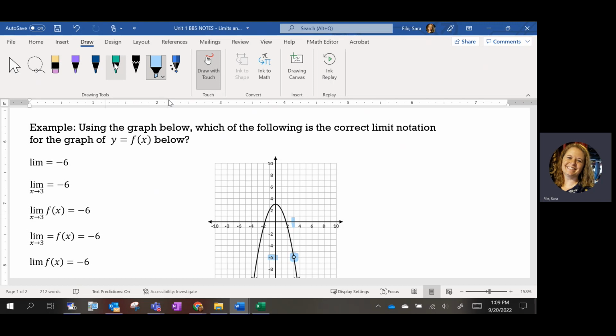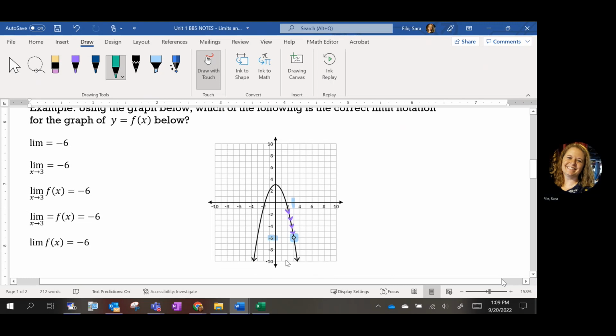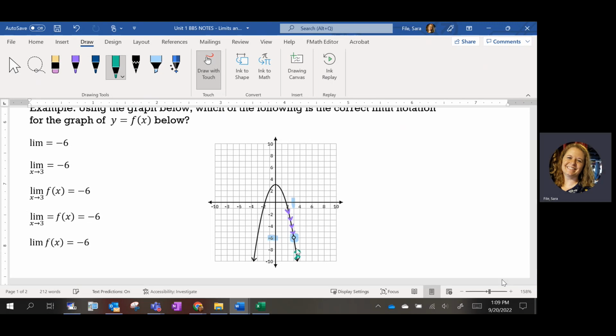When we talk about a limit, from the left side, as I get closer and closer, as my x value approaches 3, what is my y value approaching? It's approaching -6. From the right side, if I come the other direction, as I get closer and closer to 3 on the x-axis, what is my y approaching? Also -6.